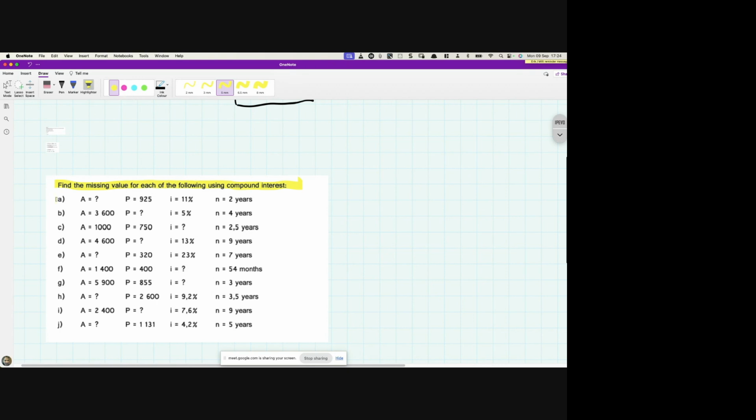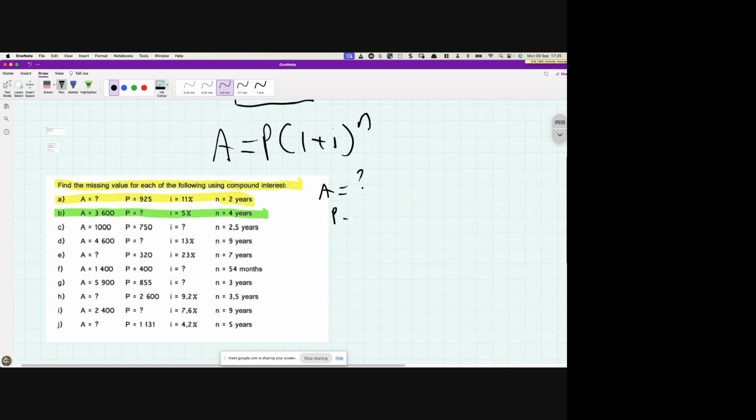You are going to do for me A, and you are going to do for me B. I will give you the formula, and I will also tell you in this one I want what A is, in this one I want what P is. Please work that out for me. Off you go to the races. I want you to show me you know how to use the compound interest formula.